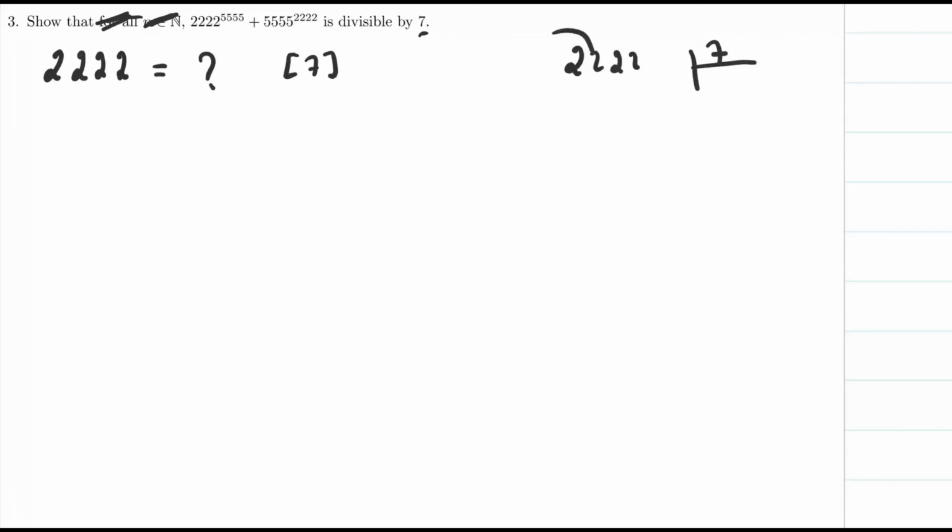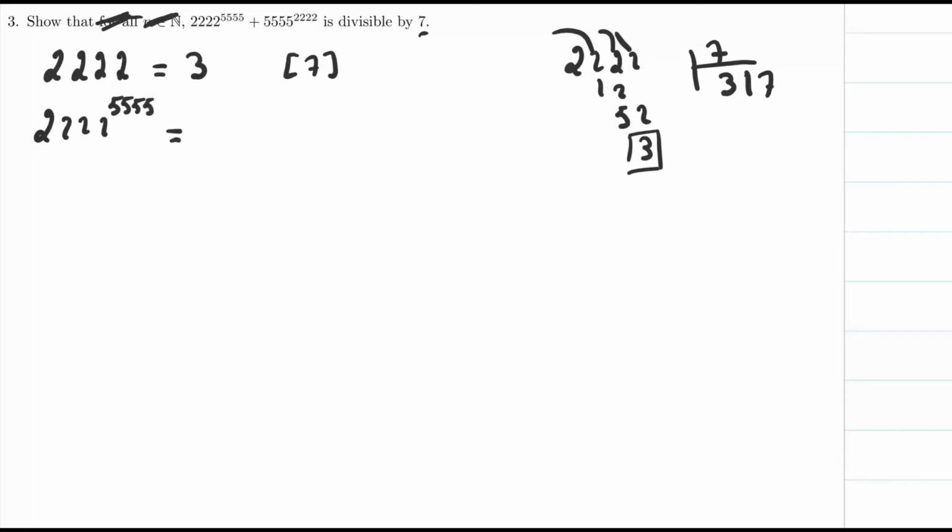When I divide, I get 3 times 7, 21, remainder 1, 12, 1 times 7, 7, remainder 5, 52, 7 times 7, 49, and I have a remainder of 3. So this is 3 modulo 7. So I can say that 2222 to the power 5555 is the same thing as 3 to the power 5555 modulo 7.